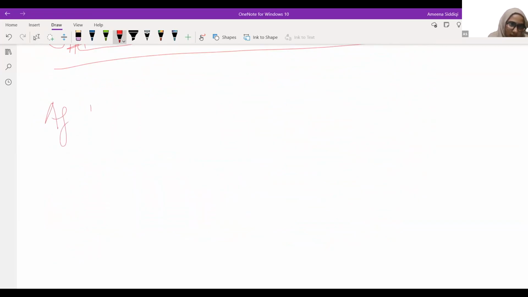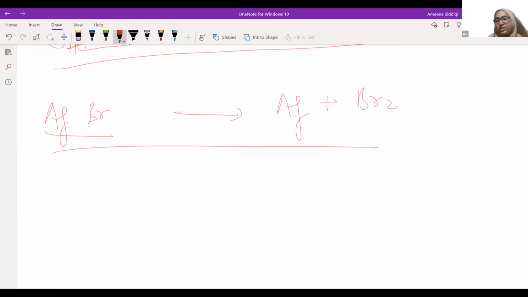See, this is silver bromide. Ag stands for silver. This is silver bromide. Okay, so this is the reaction. What kind of chemical equation is this?